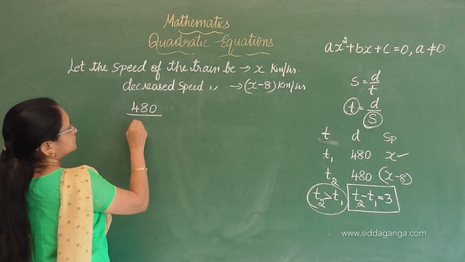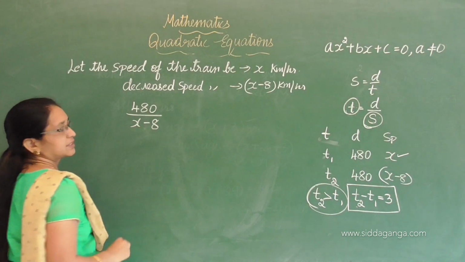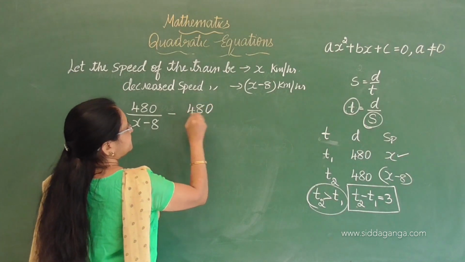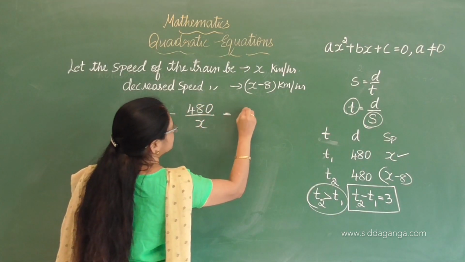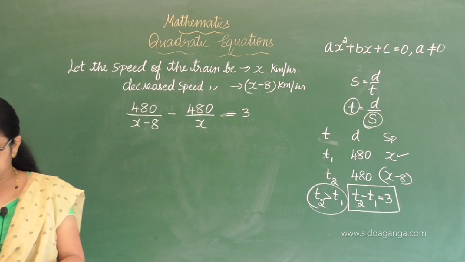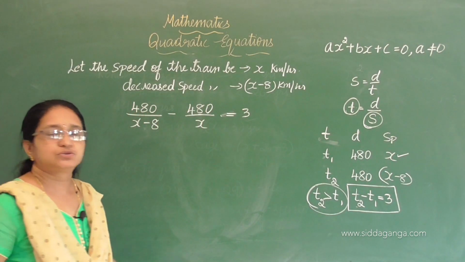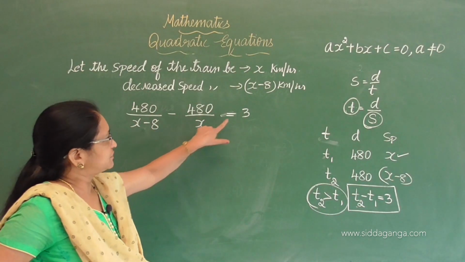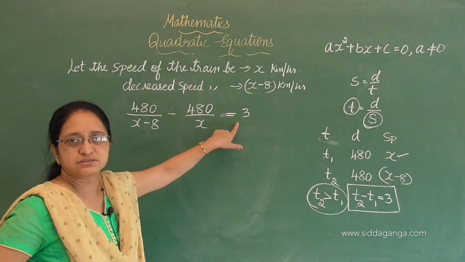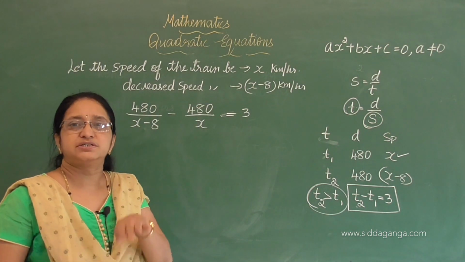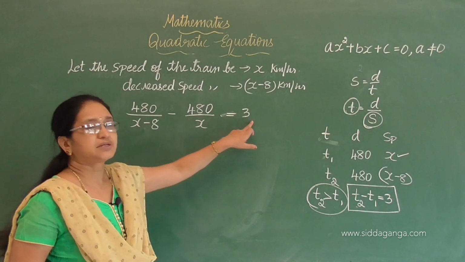T2 you will get by this, correct? Minus T1 will give you 3 hours. Once you write this equation, then definitely it will be easy to solve this. The difference between the times when there is a change in the speed is 3 hours.